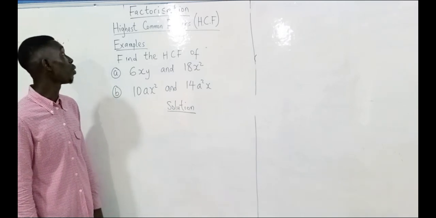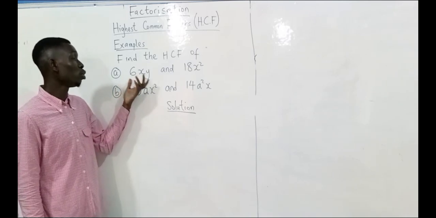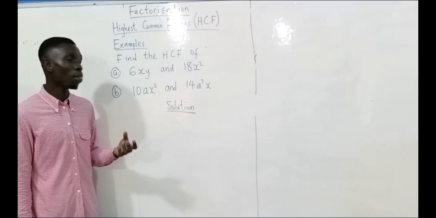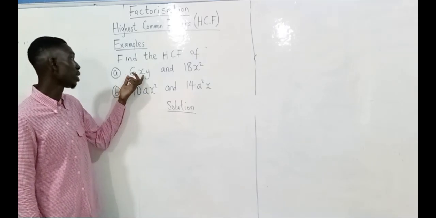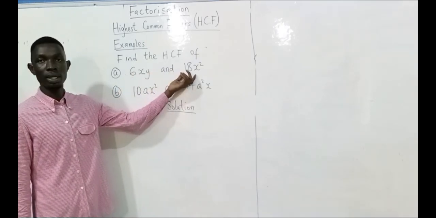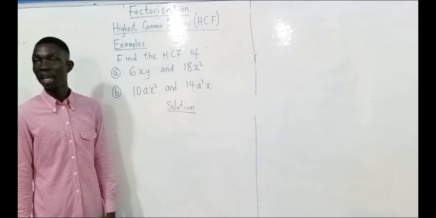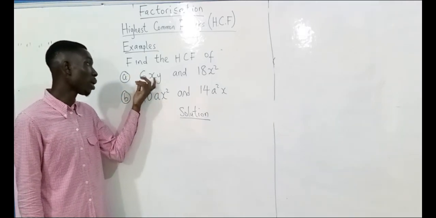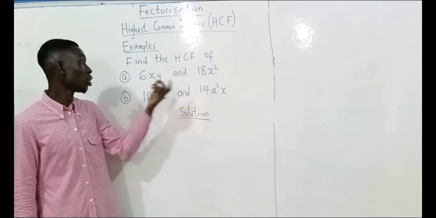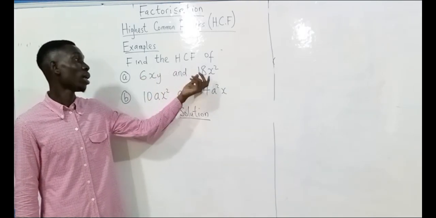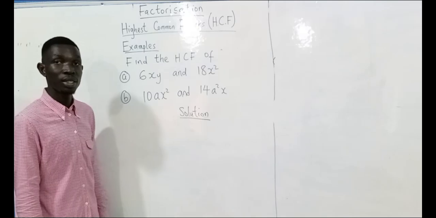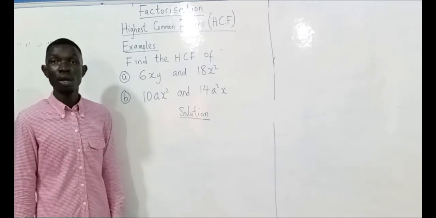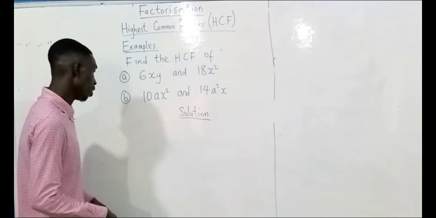So let's see how we can get the H.C.F between two algebraic terms. That is the highest algebraic term that can successfully divide this algebraic term and this algebraic term. So we are going to do that quickly and very easily.